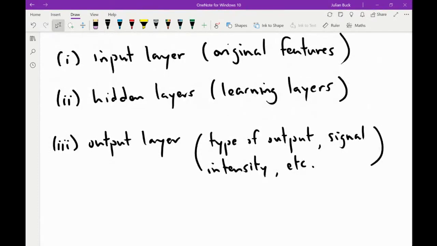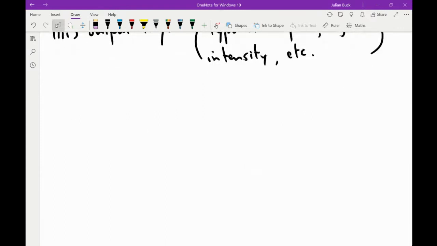Okay, so there's not a whole lot to say about the input layer or the output layer, although for the output layer, a little bit, just essentially what type of output we want and so on. The input layer, I'll just mention this very quickly.